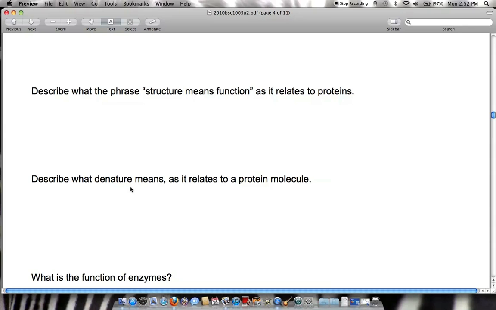Now, if we remember, our enzymes are proteins. So in our body, we have a specific temperature. If our body heats up too hot, then we will start denaturing our own proteins. Our enzymes will be denatured, and our chemical reactions will not be carried out because our proteins will be denatured, and therefore they will be destroyed.